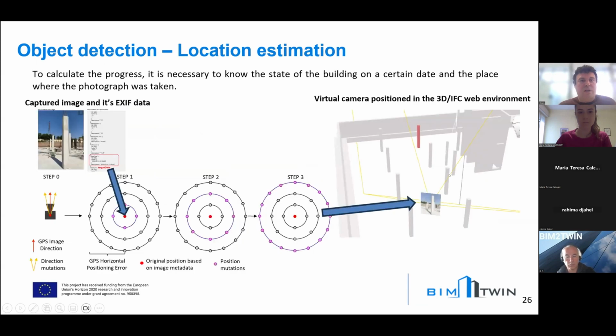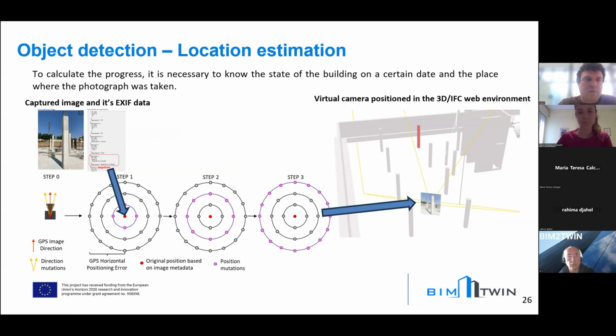But to calculate the progress now, it is necessary to know where the picture was taken and place this in the virtual environment. So for that, we use the data from the digital twin platform. We use the georeferenced IFC model and also the as-planned data for all the constructive elements.